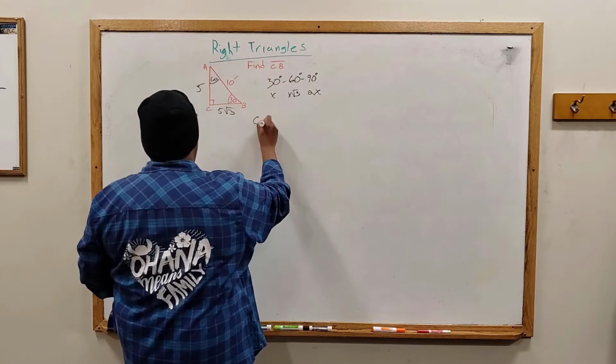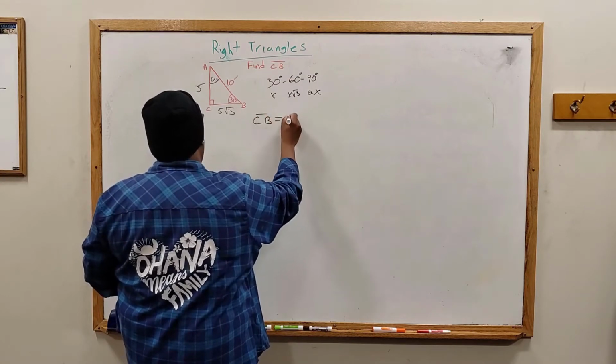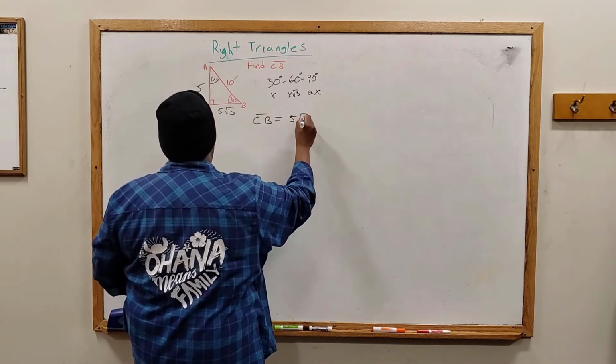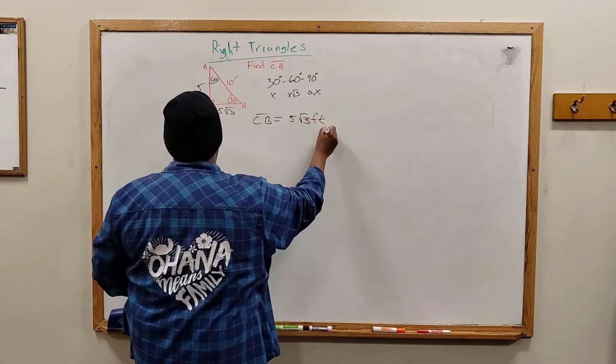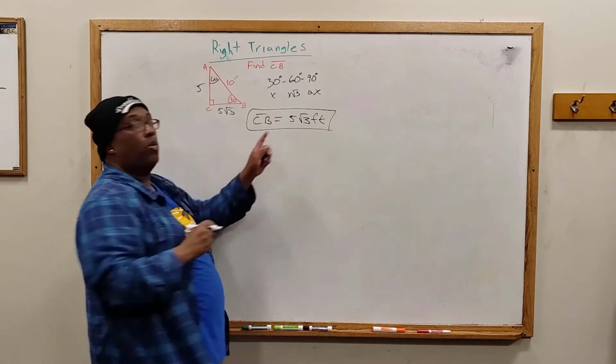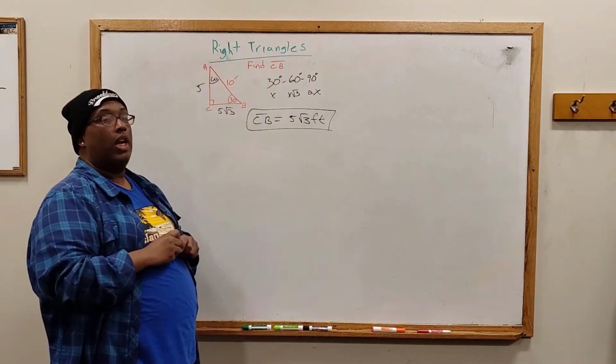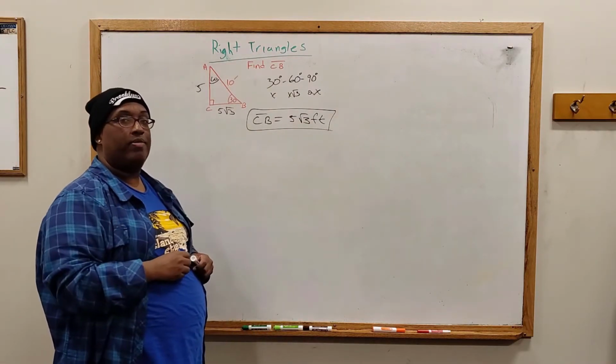And we're done. CB equals 5 root 3. And if it's feet, then we keep it as feet. Always make sure you have your units, and I'll be back with another example.